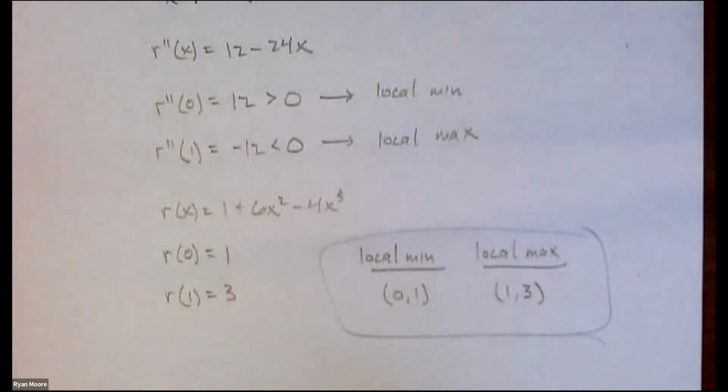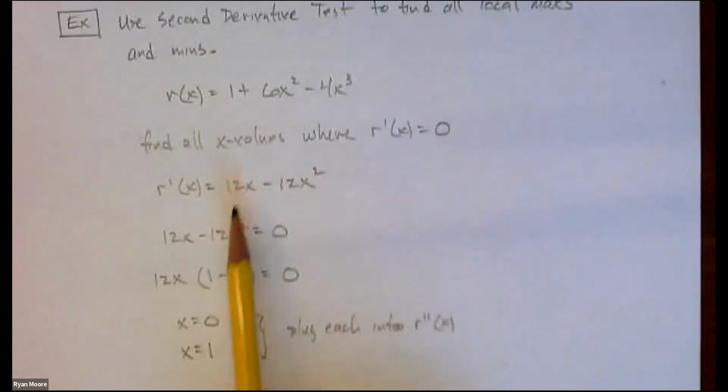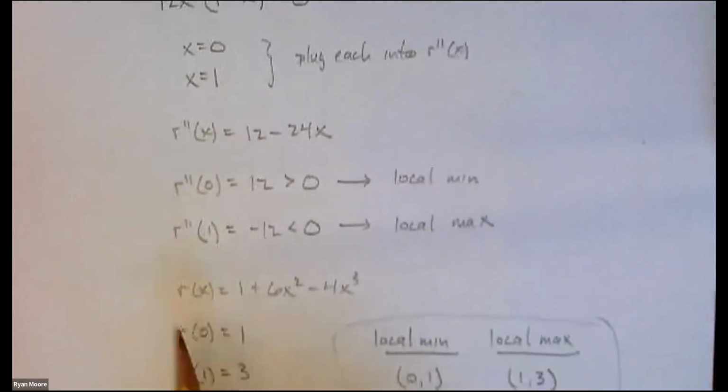As you probably picked up at this point, you really have to know what you're doing to decide which derivative you're going to plug a number into. Here we had a few different cases. We needed the first derivative and to solve it. We needed the second derivative to plug those numbers in.